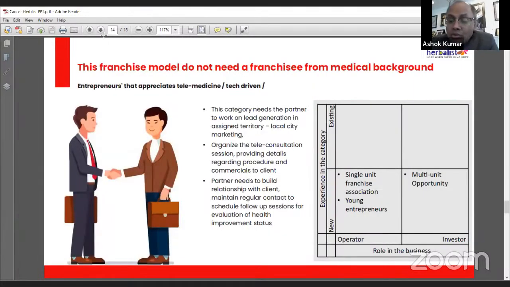Now, who is the right partner? There are no eligibility criteria required to acquire a Cancer Herbalist franchise. Anyone can be our franchisee partner.